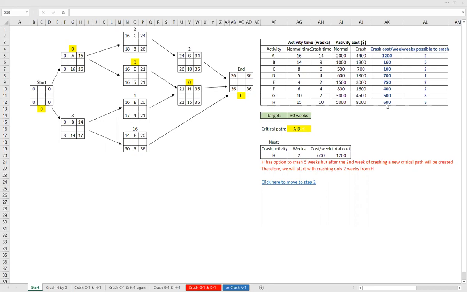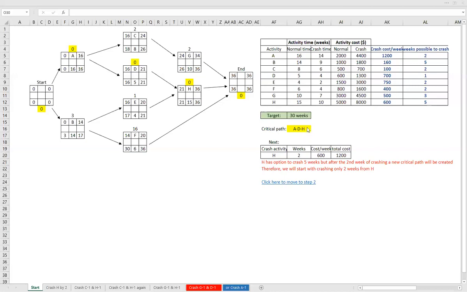Now, we need to reduce from 36 to 30, and it's very tempting to crash 5 weeks from H and that's it. But the problem is that we crash only until a new critical path is formed. If you try to crash 1 unit, you'll see the critical path ADH remains the same.